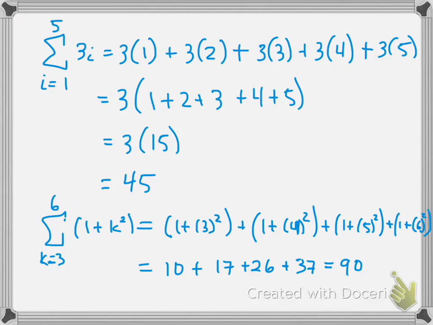Okay? Next, what I'd like to talk to you about is what a series is. But before that, we need to know a few properties of sums. The first property of sums is basically what you would think it is.